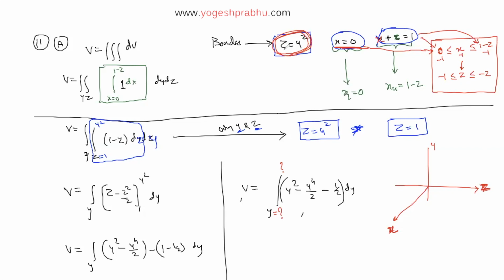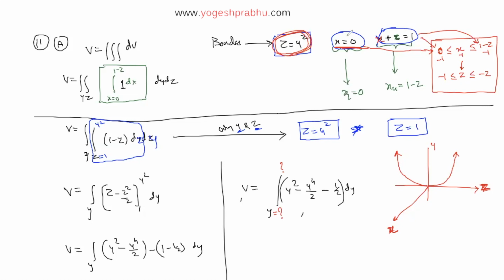Just tell me about this now. If you have z equal to y square, how will the parabola look in this situation? Like this? Is it correct? Yeah. So now x equal to 0.